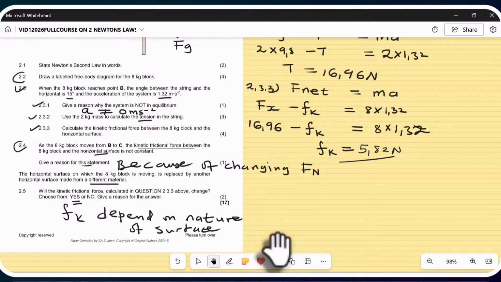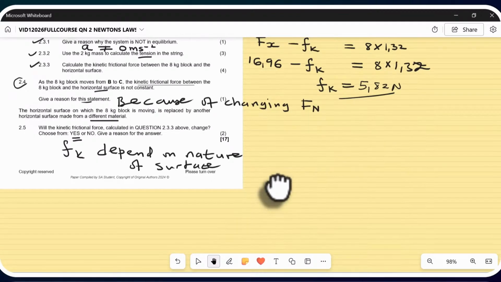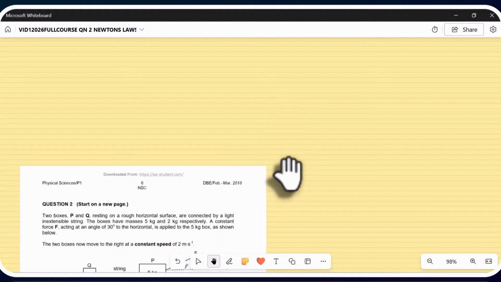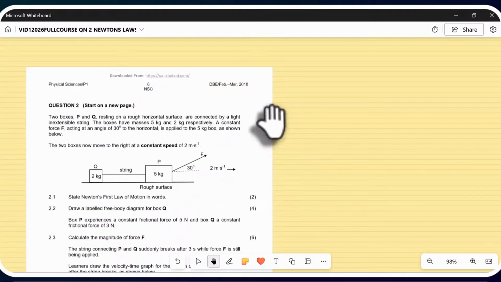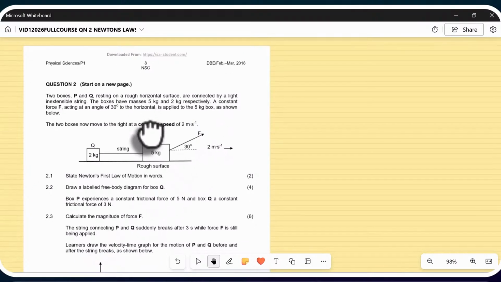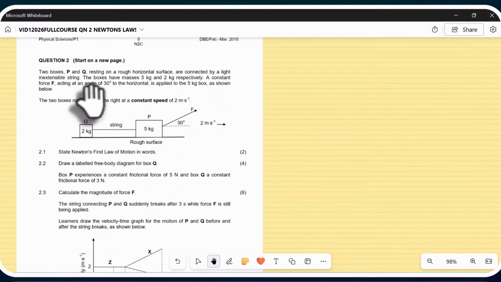A constant force F acting at an angle of 30 degrees to the horizontal is applied to the 5 kg box as shown below. The two boxes now move to the right at a constant speed. This is a rough surface here. State Newton's first law of motion in words. A body will continue in its state of rest or continue moving with a constant velocity unless an external force or unbalanced force acts on it.